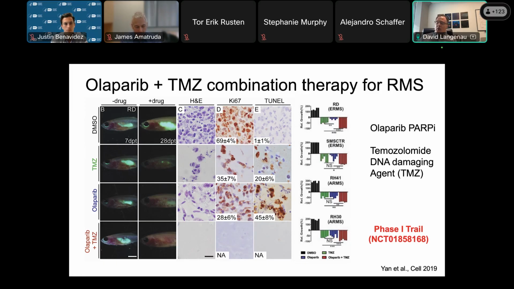These were longer term experiments carried out over 21 days, with really very nice, robust responses. This actually led to a phase 1 clinical trial where we were able to convert a trial for Ewing sarcoma into a basket trial and allowed us to see some patients that had rhabdomyosarcoma being treated with this therapy.